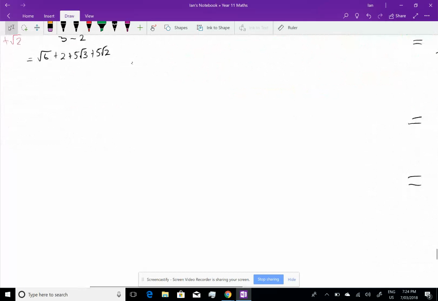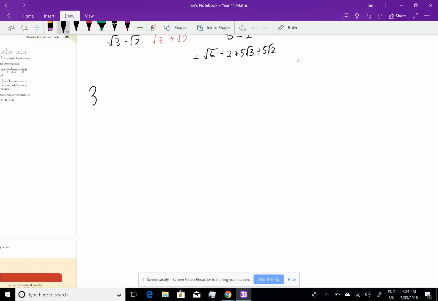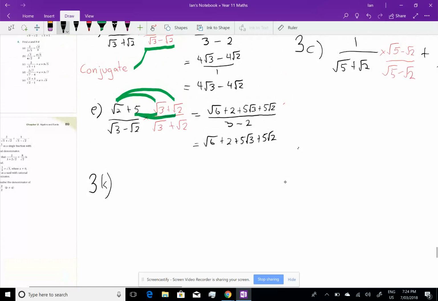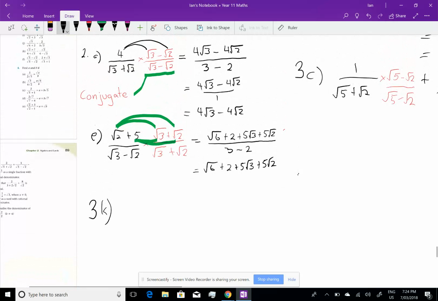So I'll do it here. So here's 3K. Root 2 plus 7 on 4 plus root 3, minus root 2. What did I say? Leave a gap.